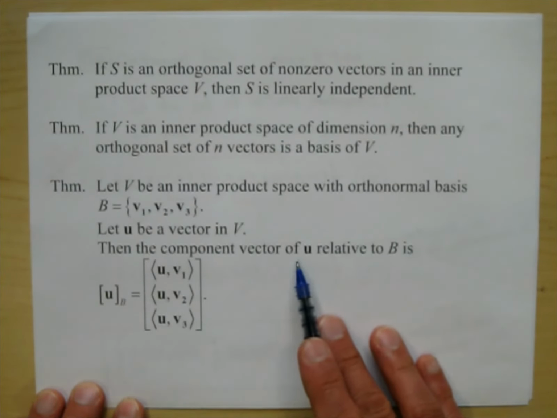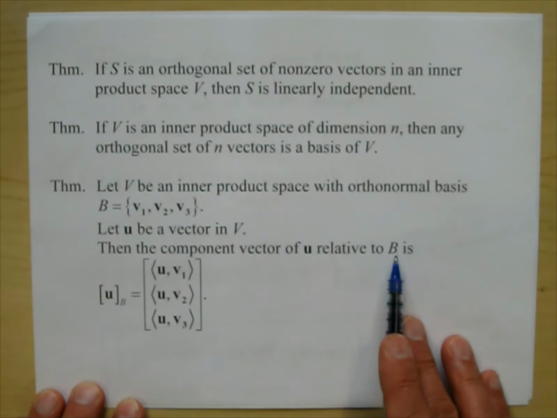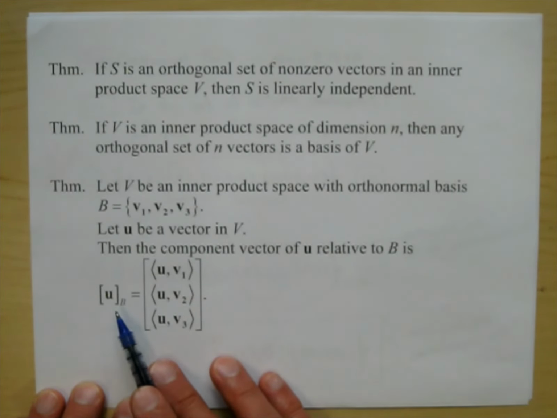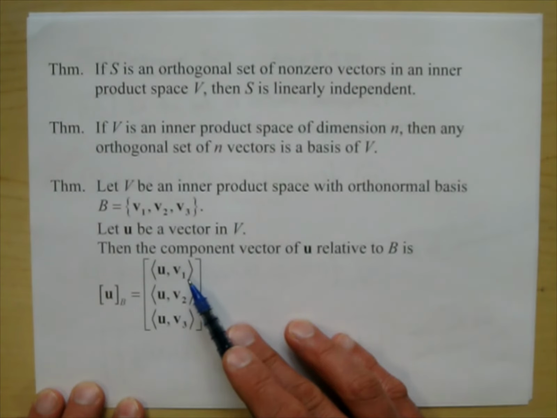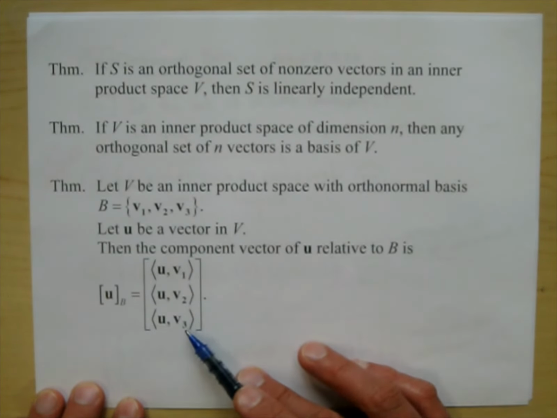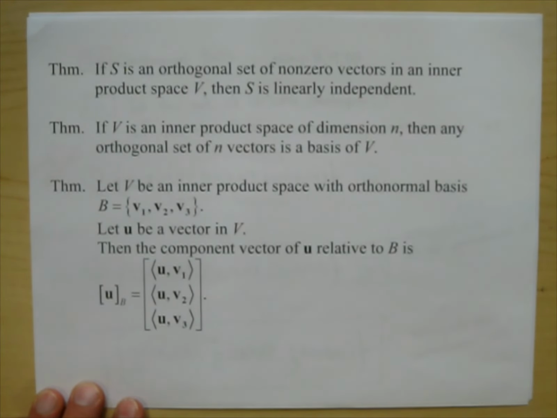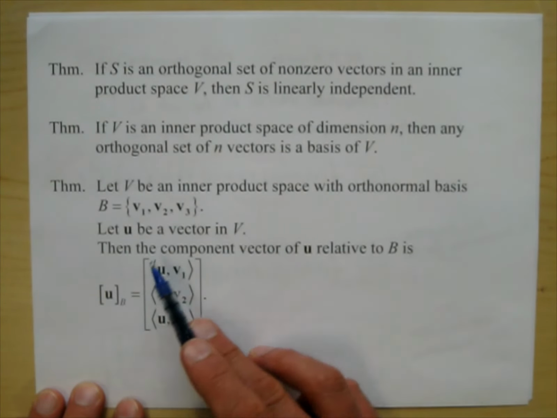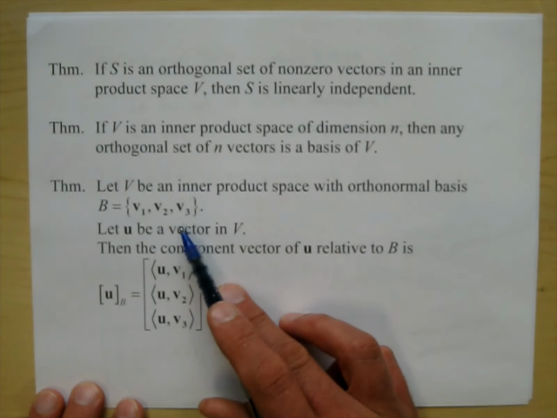The component vector of U relative to B can be found by simply taking the inner product of U and each of these basis vectors, loading them up in a column, and that gives you the component vector. So it's actually a lot easier to figure out a component vector of U relative to B if your basis is an orthonormal basis.